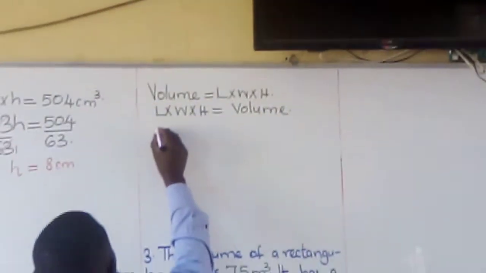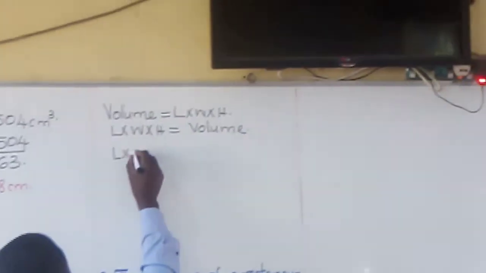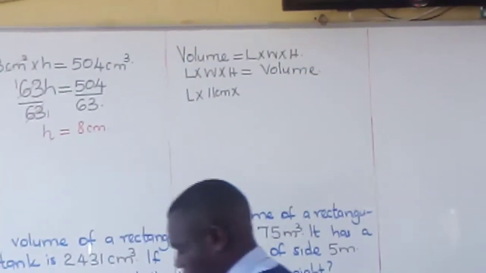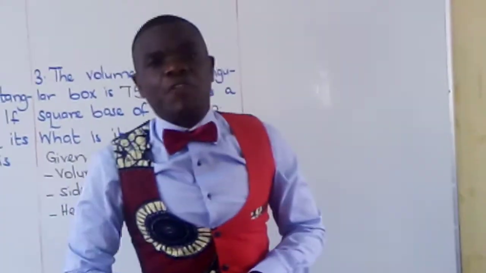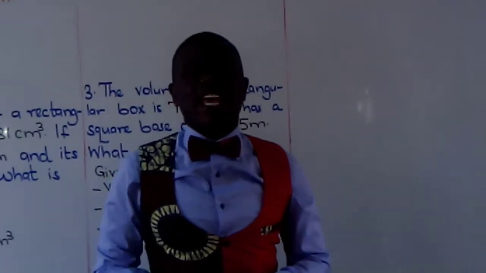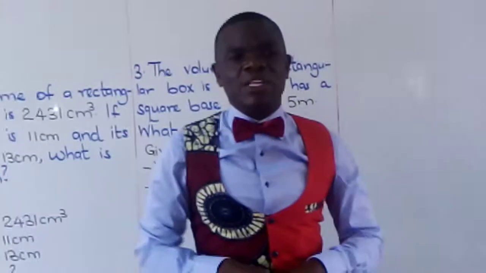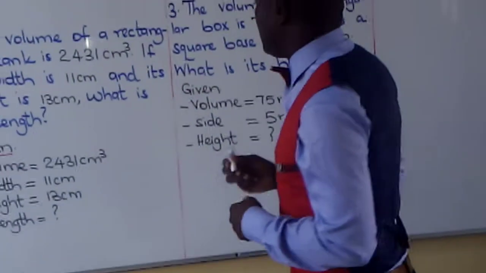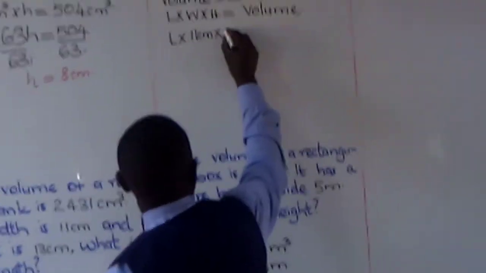So the length remains L and the width is 11 centimeters. What is the value of the height? Yes? Claudia. Very well. The value of the height, as Claudia said, is 13 centimeters.